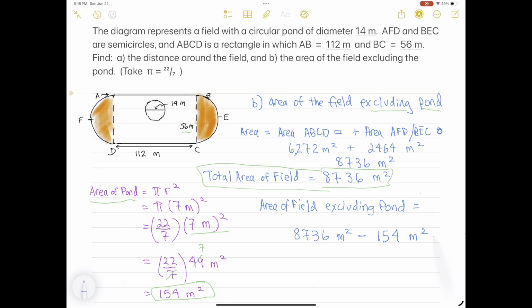And I do that calculation on the side. 8,736 minus 154 equals 8,582. So the area of the field excluding the pond is 8,582 meters square, and I box my answer.